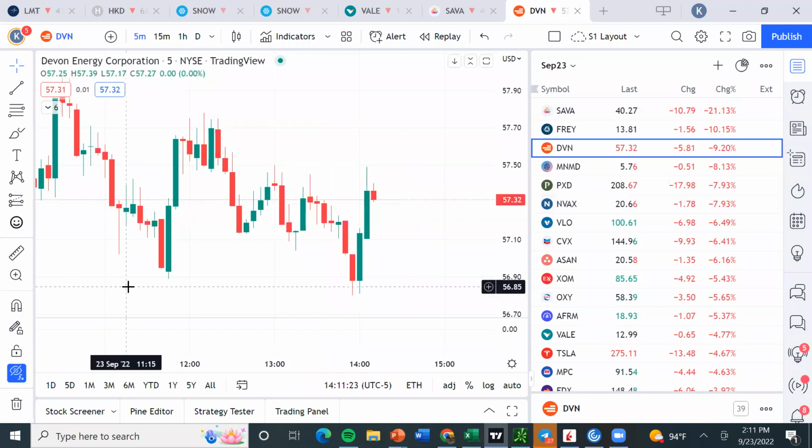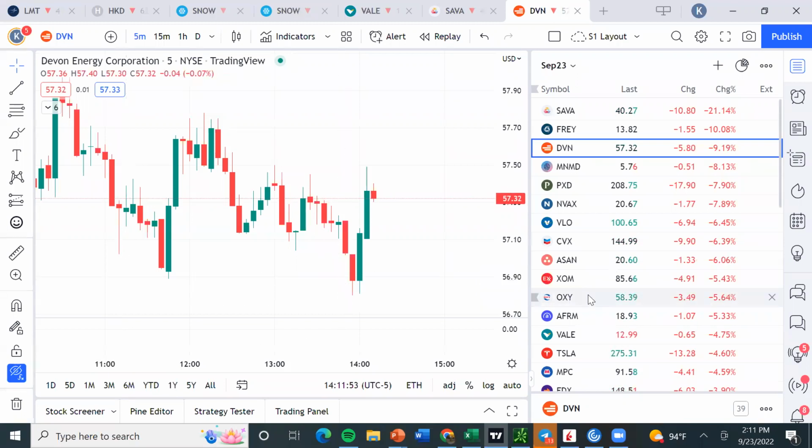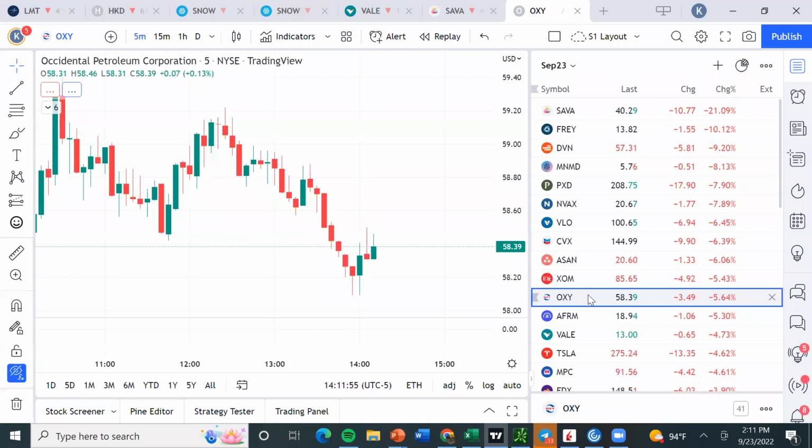Let me look at some other tickers which are good to go. Oxy also got oversold today, so Oxy also started moving.